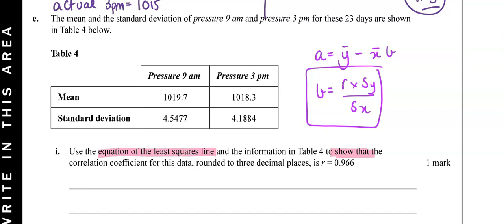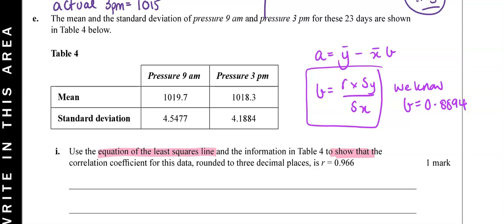Now we already know the gradient from the equation we've been provided. So we know that our gradient, or the value of B, is 0.8894. So we can use that information and put it all together into an equation.